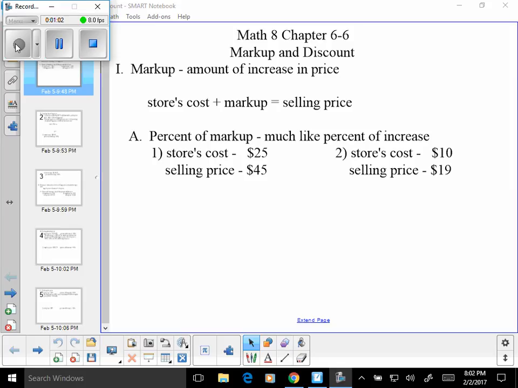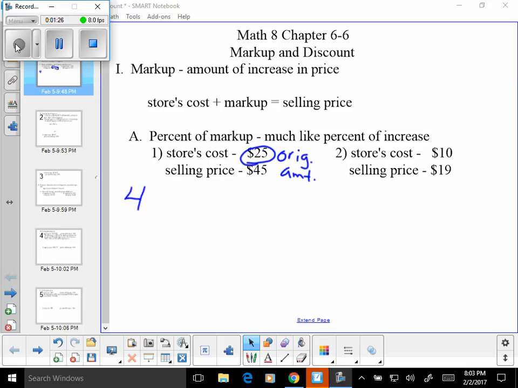Let's look at percent of markup first. Now, the percent of markup is very much like the percent of increase. A store buys an item at $25. They decide to sell it at $45. This is like the original amount that we had in the percent of increase problems.